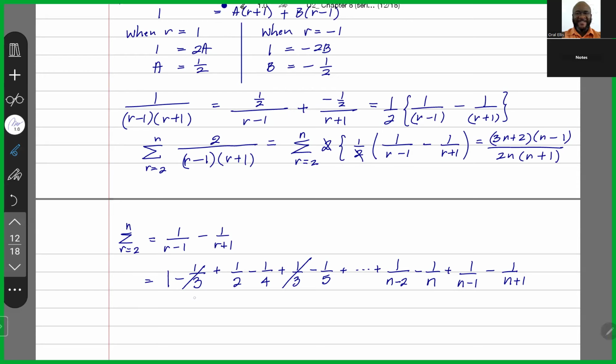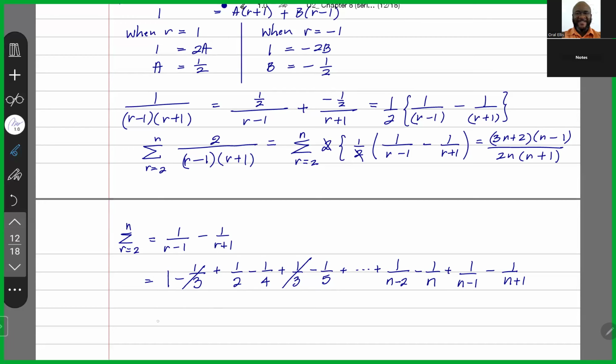Sorry, we have minus 1/3, and then 1, 2, 3 values to the right, we have a positive 1/3. So the positive values will find the negative of the value 3 terms to the left.